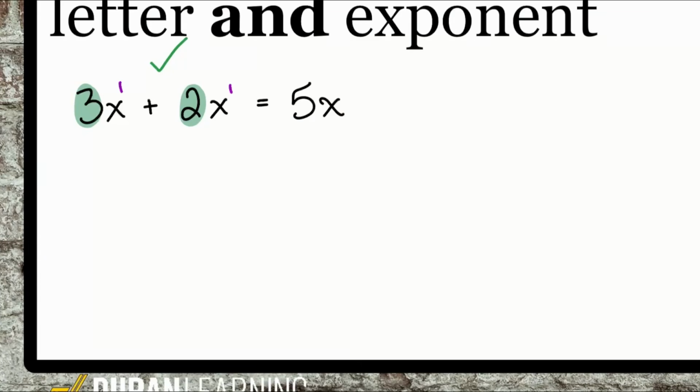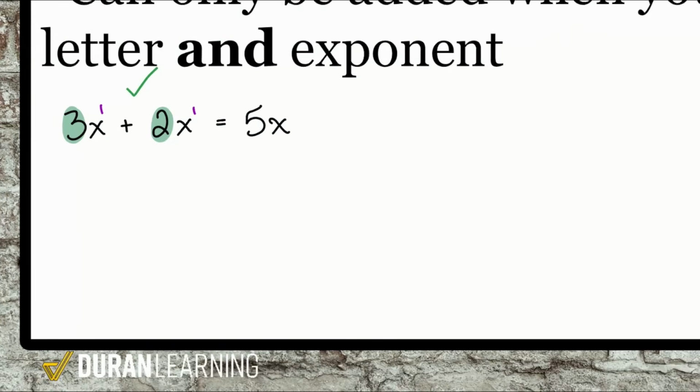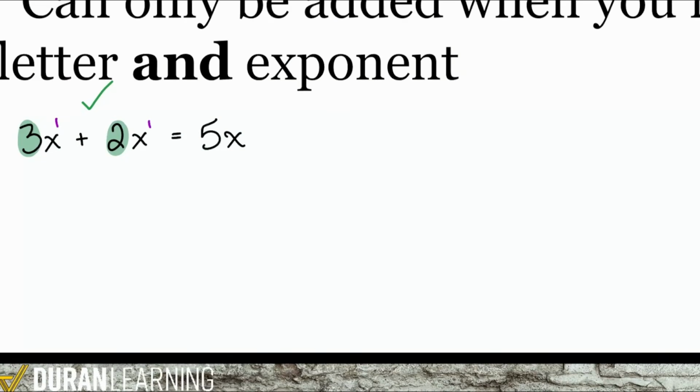Perfect. Right on. So let's keep going with the examples, showing good examples, bad examples, just to make sure that we can avoid some common mistakes. So here's a bad example over here on the right side. A bad example would be, let's say we had 3x plus x squared.